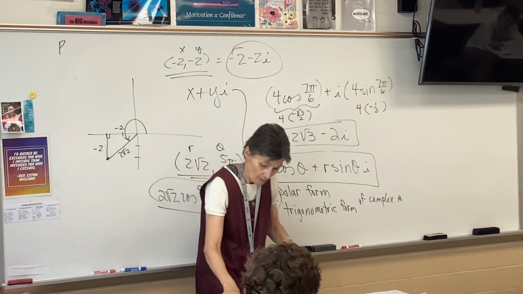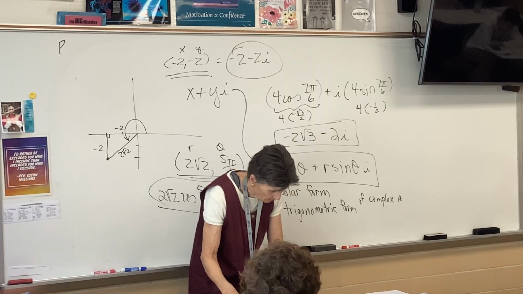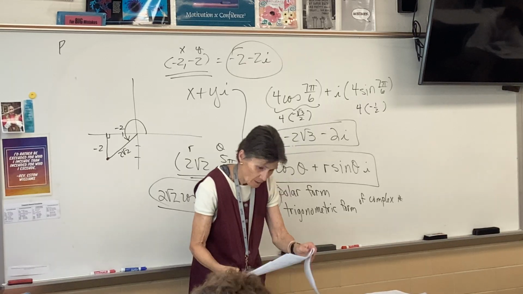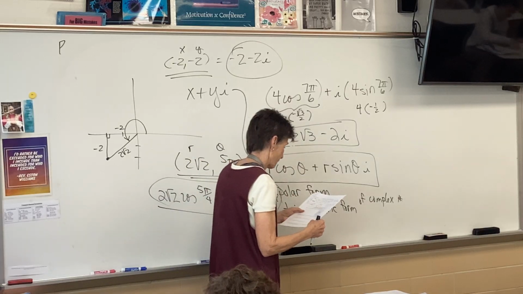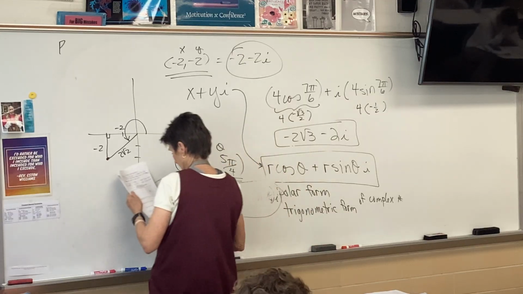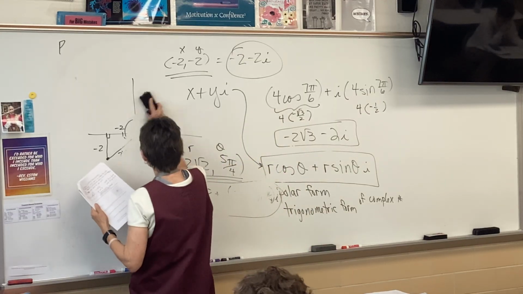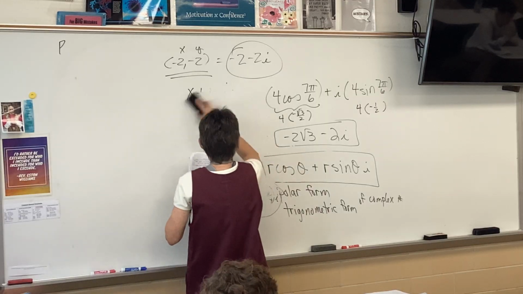Okay? All right. Let's do one quick thing here. Go to page 4. Let's do these 5 problems real quick and then we'll do some review. All right, so here we are on page 4.